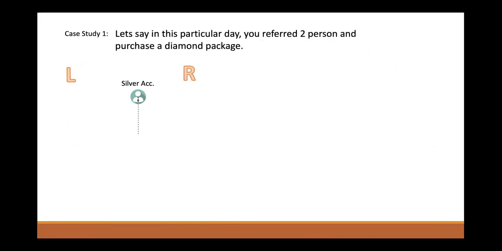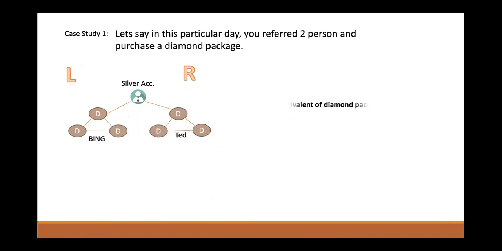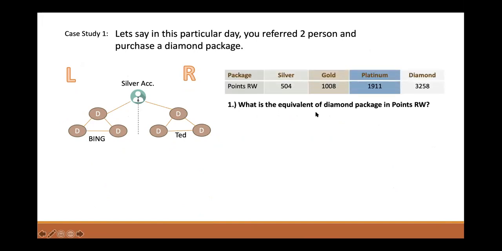Let's say you are a silver account. On your left, on your right. Let's say this particular day you refer two persons who purchase a diamond package. Bing is a diamond, Ted is a diamond. What is the equivalent diamond package in points of RW? 504, 1008, 1911, 3258. So this is a diamond, 3258.